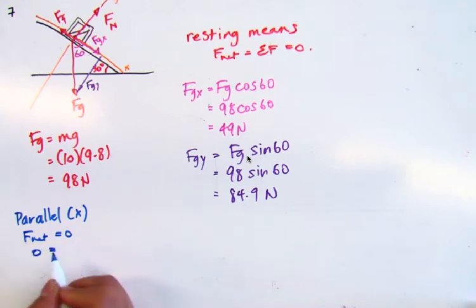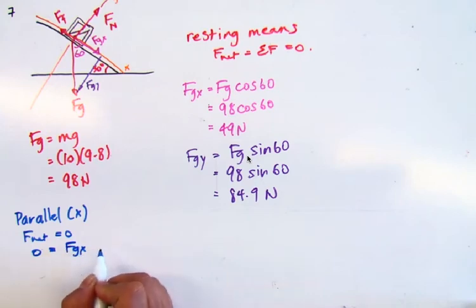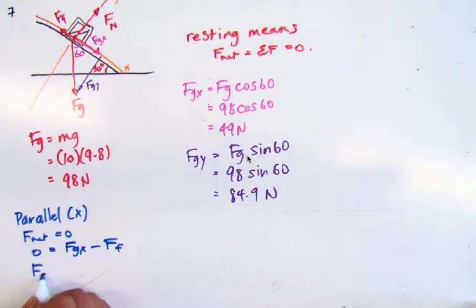So 0 equals, well, what are the forces acting along the slope? We've got FGX acting in the positive x direction minus the force of friction. So I know that friction has to equal FGX, which I've already figured out. Force of friction has to equal 49 newtons.